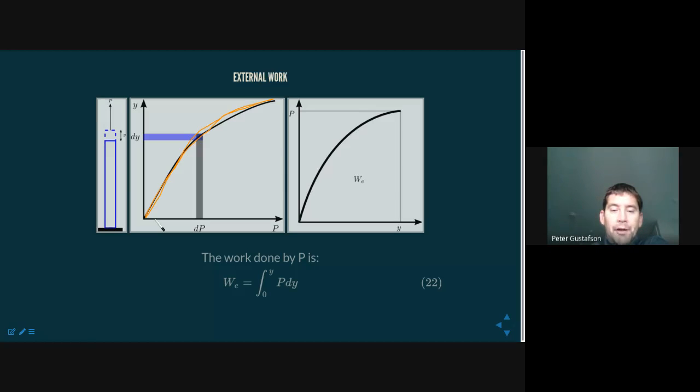So it is nonlinear. Now the total work done by the force P, you recognize, is going to be equal to P, the magnitude of that force, times the displacement. And it also can be expressed in this way. The work done is the integral from 0 to the distance y of the constant force P times dy.